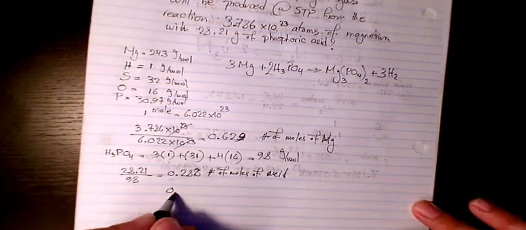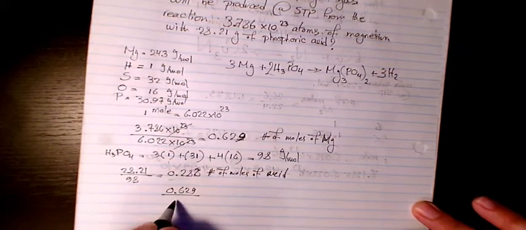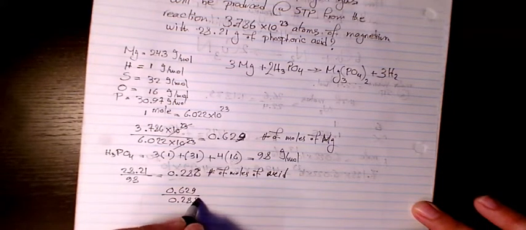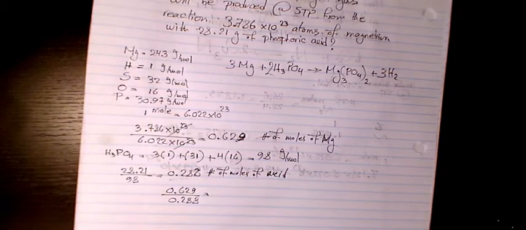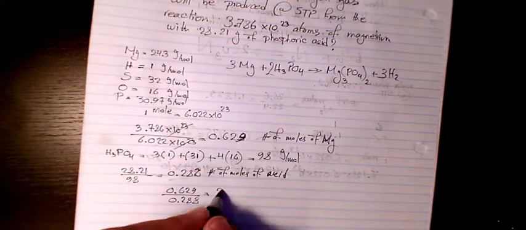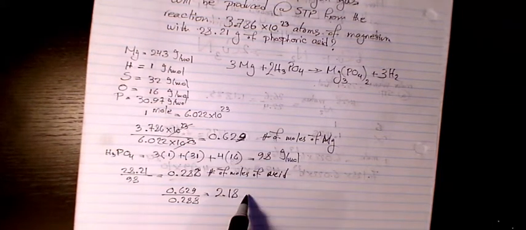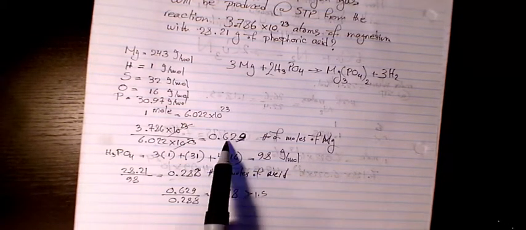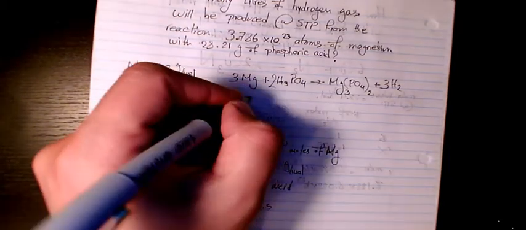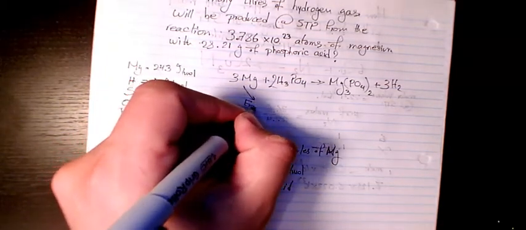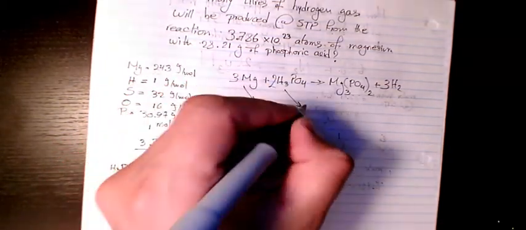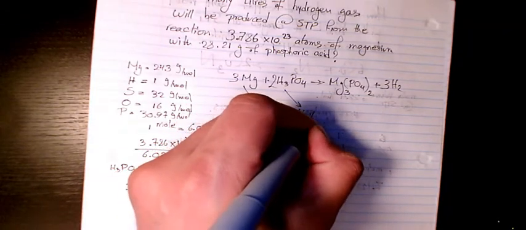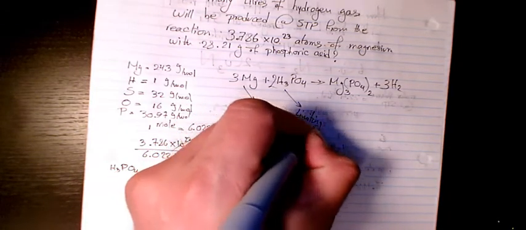So let's find out the ratio. That's 2.18, so it is more than 1.5. So it means that we have excess magnesium. Magnesium is going to be in excess and acid is going to be the limiting reactant.